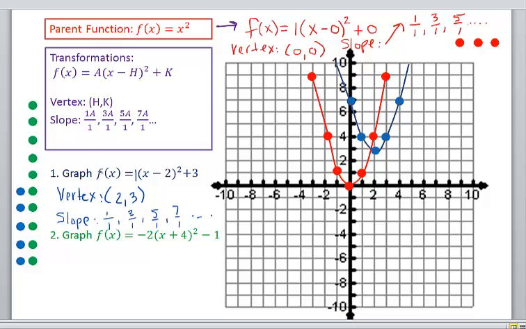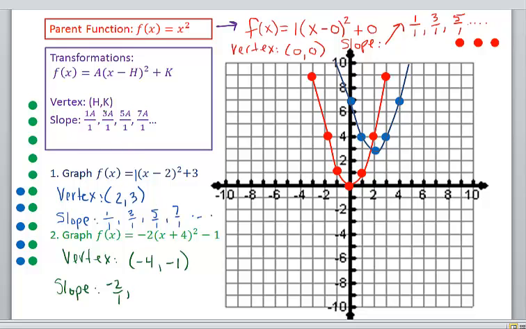This time we see that our vertex is going to be negative 4, because now I have a plus 4, so negative 4, and then minus 1, so that stays the same, minus 1. Okay, and my slope this time is negative 2 times each of these. So negative 2 times 1 over 1 is negative 2 over 1.